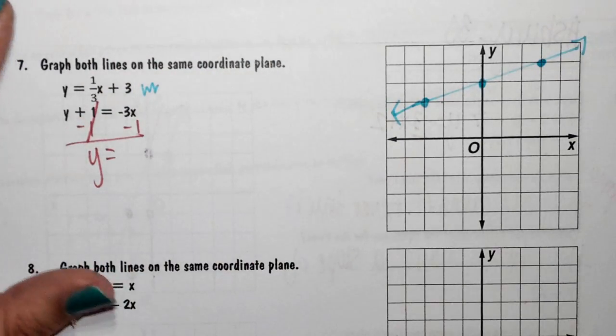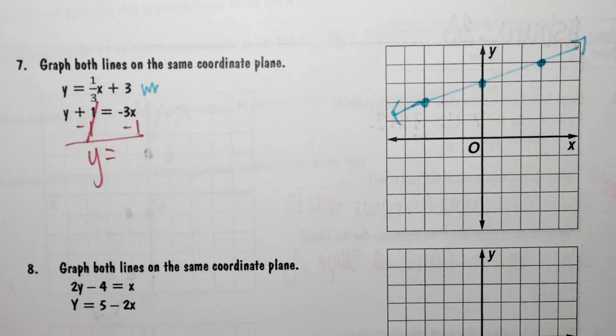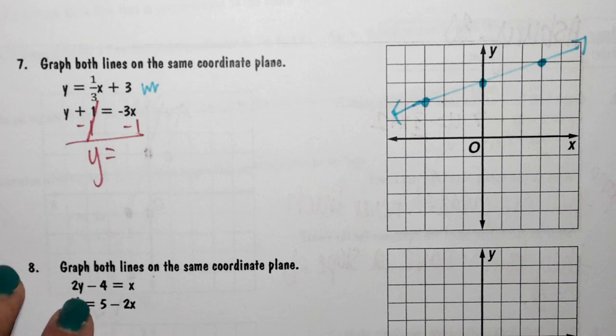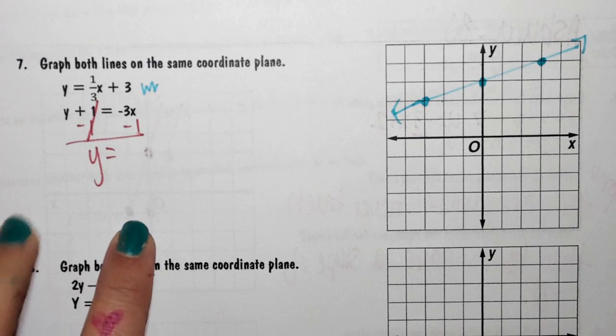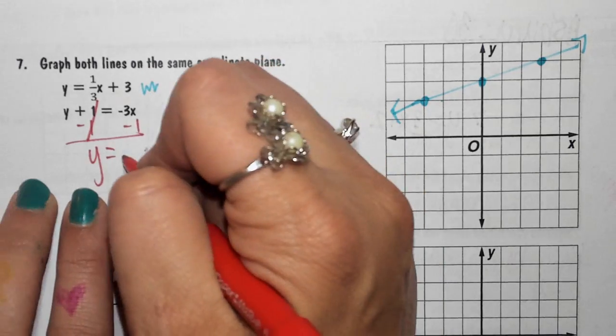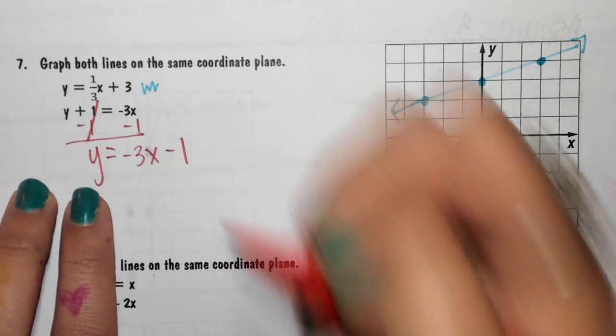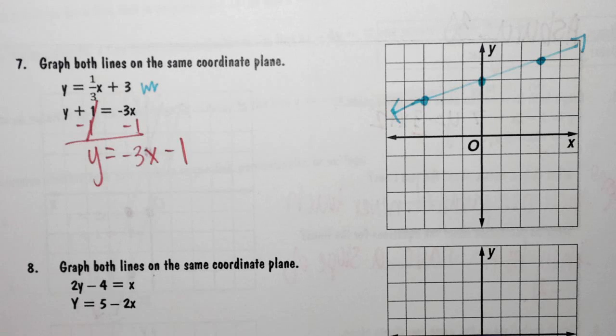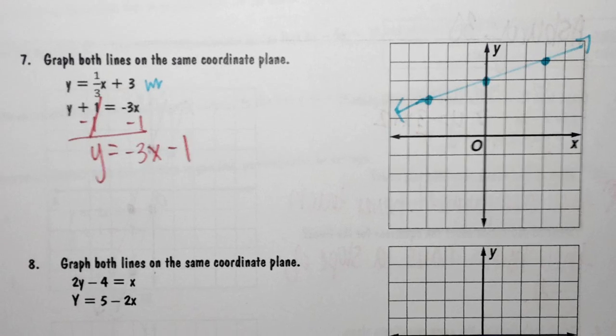To get y by itself, we got to subtract 1. Now, David, can I combine that negative 3x and that 1? Why? Because they are not like terms. You cannot combine those. That would be the answer.